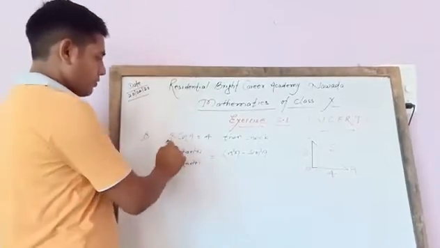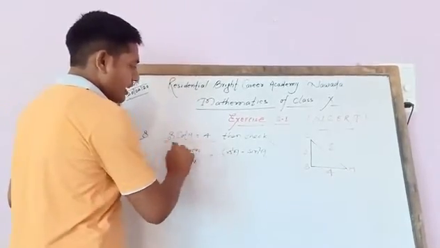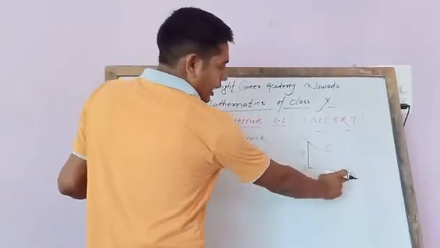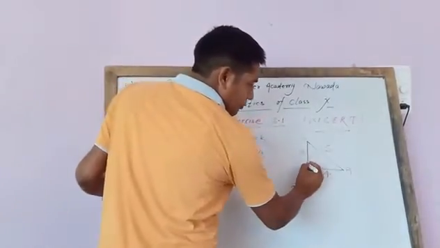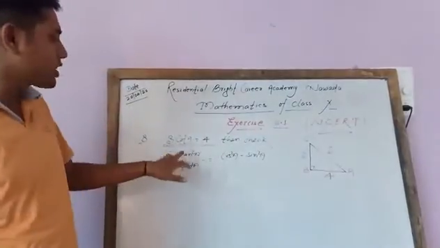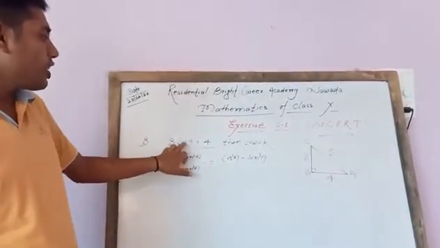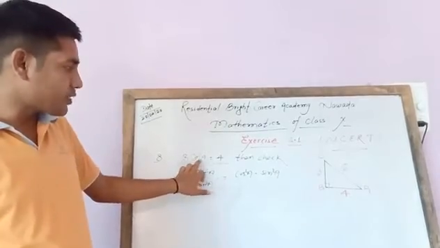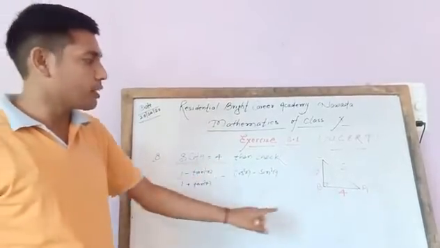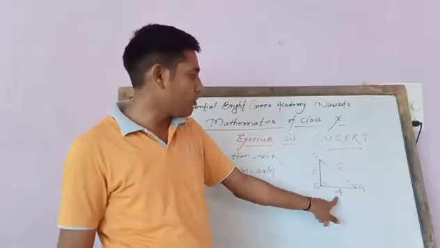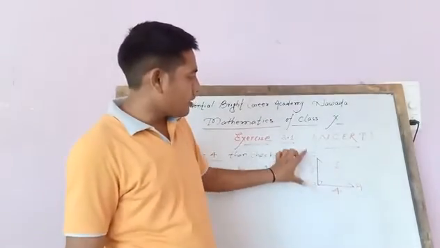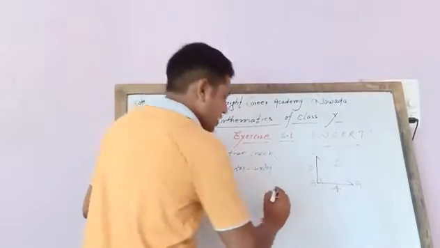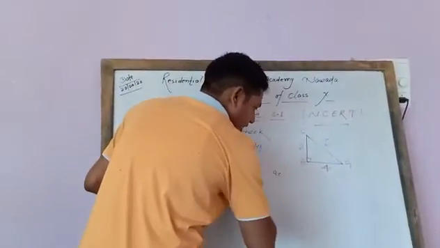At first we find out the relation of the sides in a right angle triangle. Here ABC is a right angle triangle in which angle B is equal to 90 degrees. It is given that 3 cot A is equal to 4. It means cot A is equal to 4 upon 3. Cot theta is equal to B by P. It means AB is equal to 4 units and BC is equal to 3 units. At first we have to find AC.